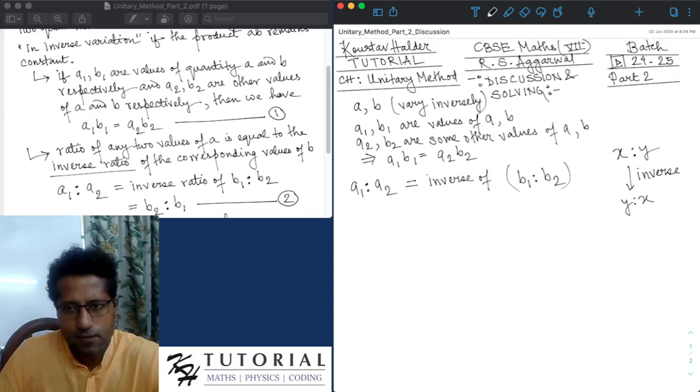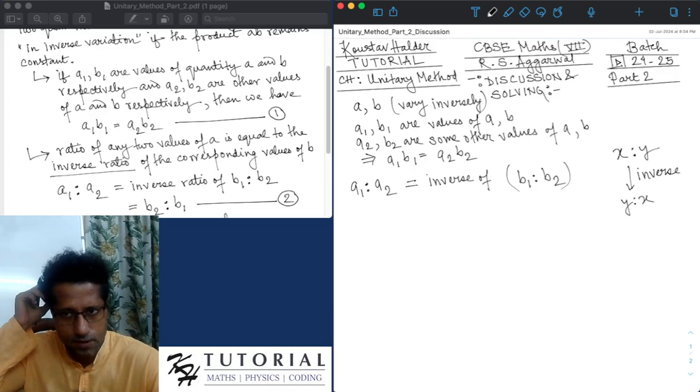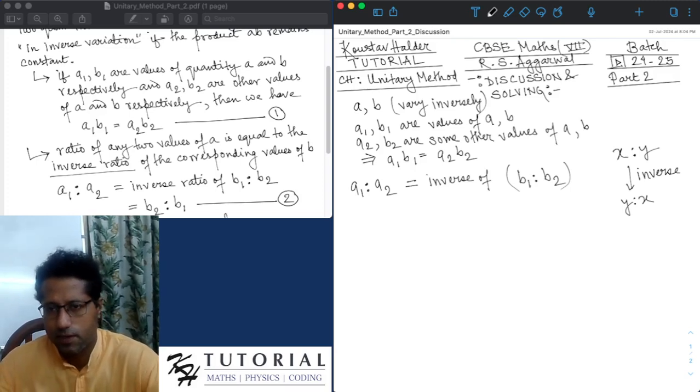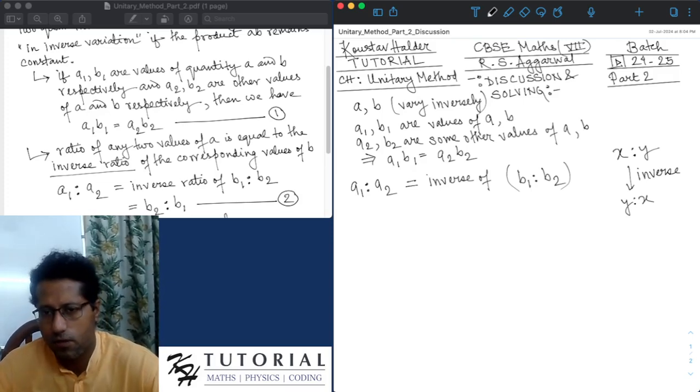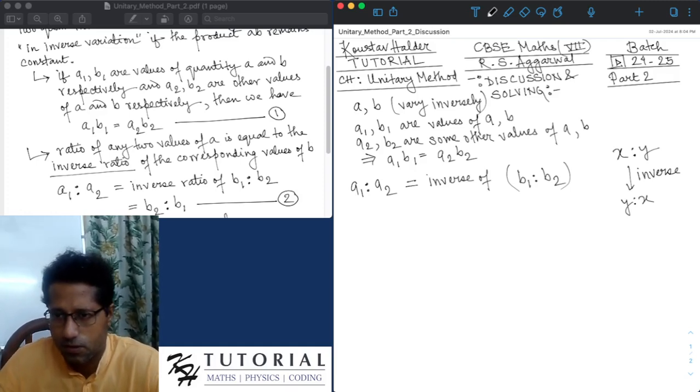So it is saying that for the two quantities A and B, if they vary inversely, and if A1 and A2 are two values of A, and B1 and B2 are the corresponding values of quantity B, then the ratio of the two values of quantity A, that is A1 is to A2, will be equal to the inverse of the ratio of the corresponding values of quantity B, that is B1 is to B2.